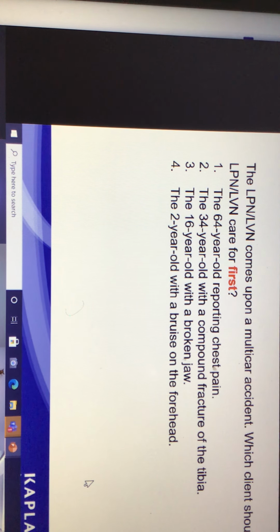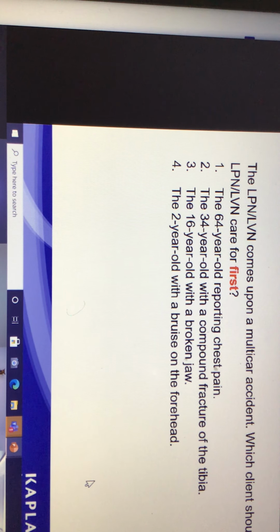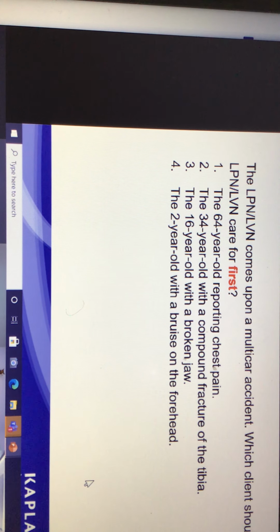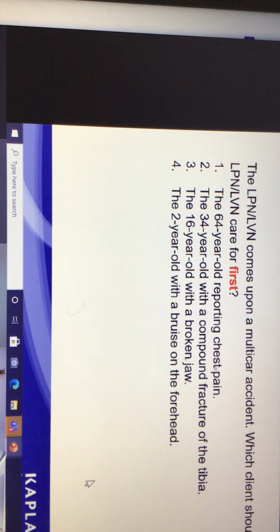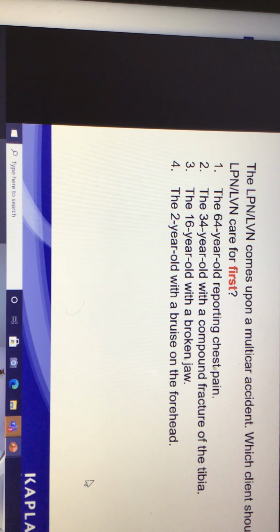So, compound fracture, C. Okay. 16-year-old with a broken jaw. A, B, C, or none? Think about your position. Where is it located? The jaw. Would it be your airway? Airway, breathing. Very good. Put an AB there. Very good. We got rid of 4.